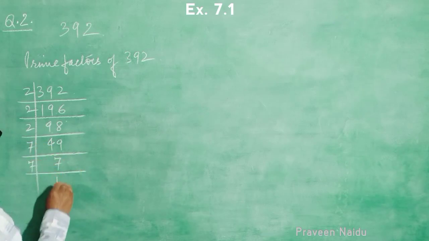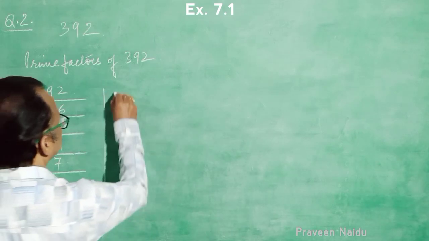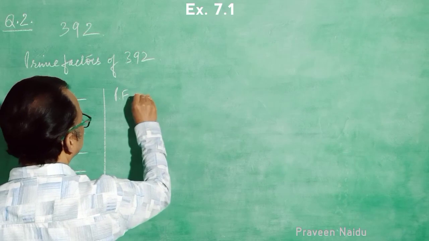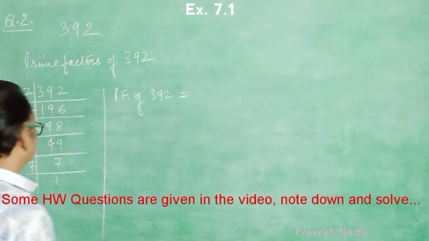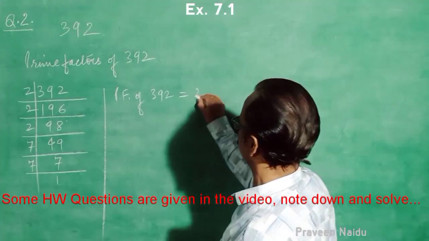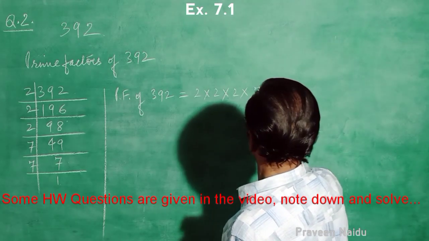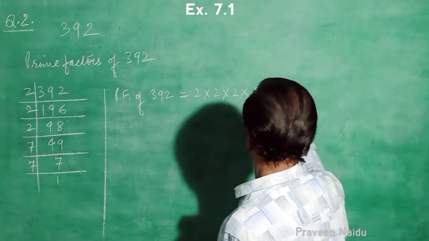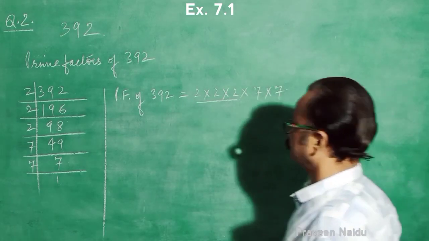We continuously divide the number by prime numbers. We have 2 into 2 into 2, 7 into 7. There are 3 times 2 and 2 times 7.